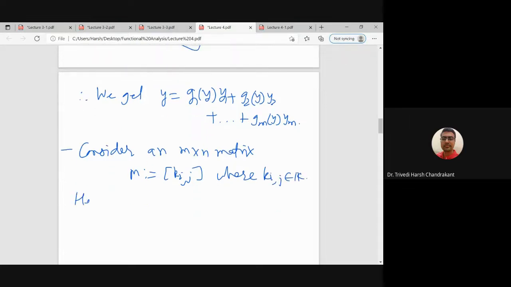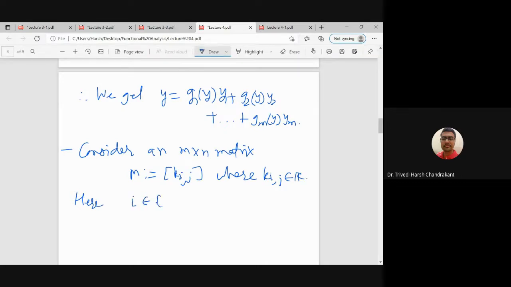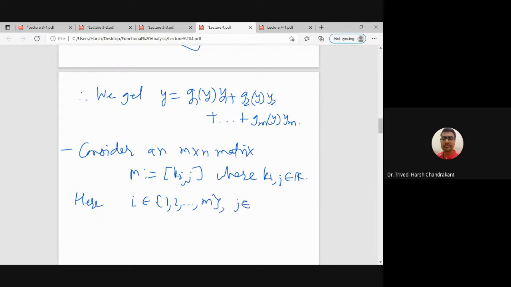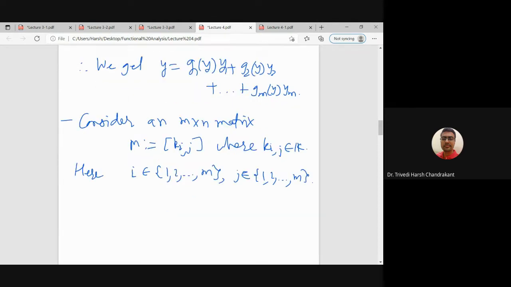So here i is an element between 1 to m, and j is between 1 to n, because it is an m cross n matrix.